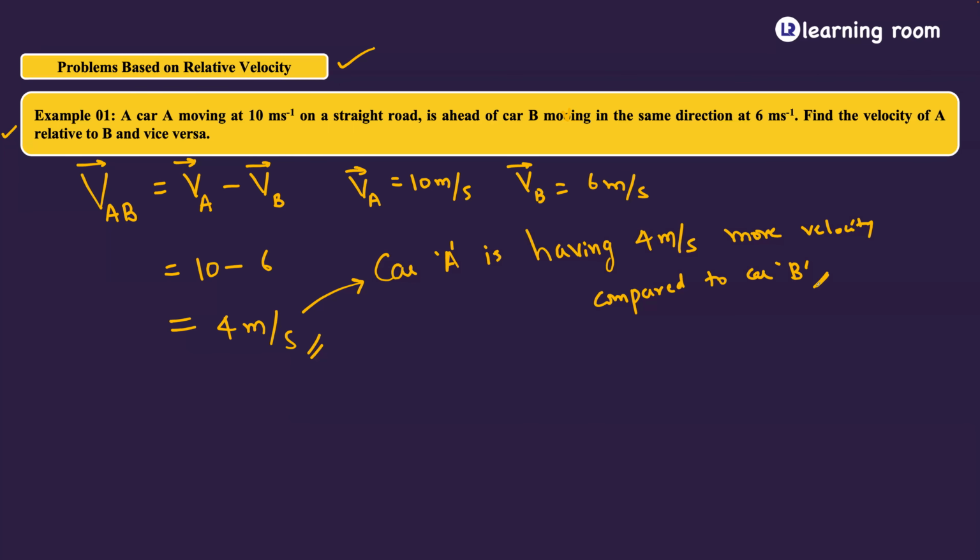Now, when I find vice versa, observe. V_BA is velocity of B minus velocity of A. 6 minus 10, you get the answer as minus 4 meters per second. I hope you're able to understand the meaning of minus. Minus means the second car is slower compared to the first car. That's obvious because we have the numbers here. So all that you need to report is V_AB is 4 meters per second and V_BA is minus 4 meters per second. That's it.